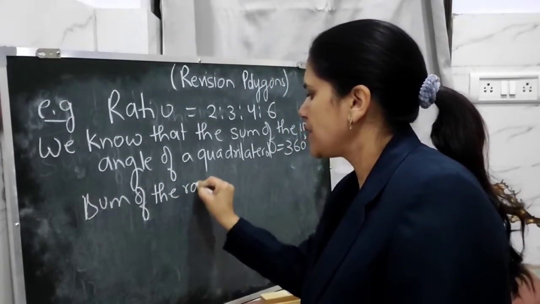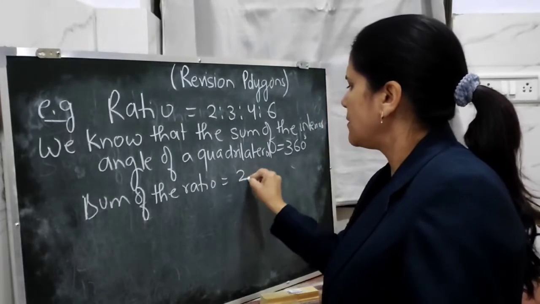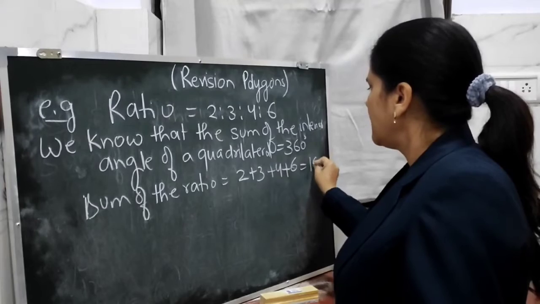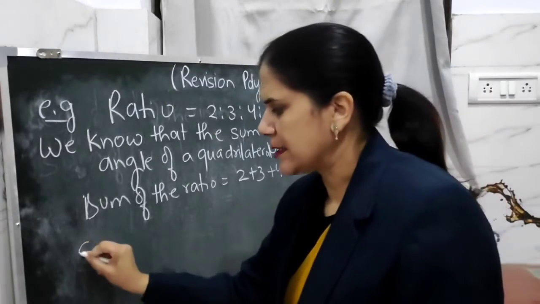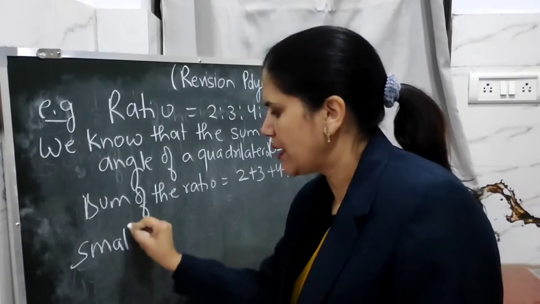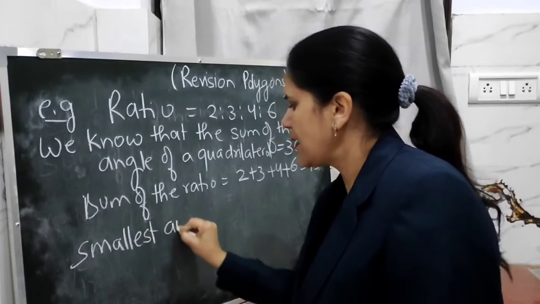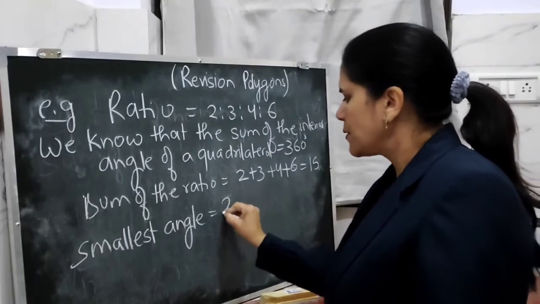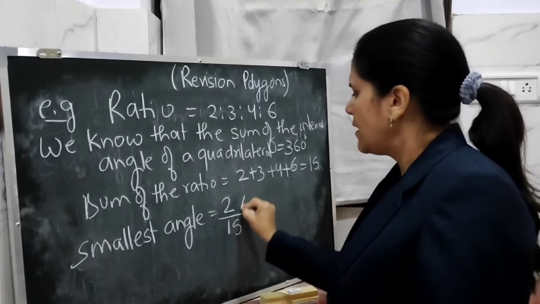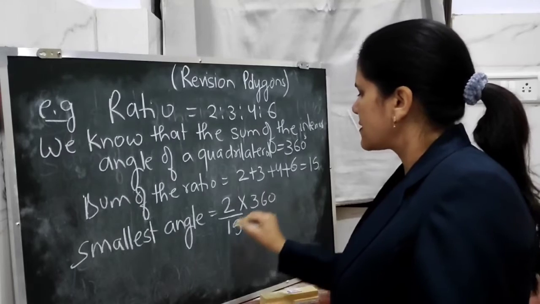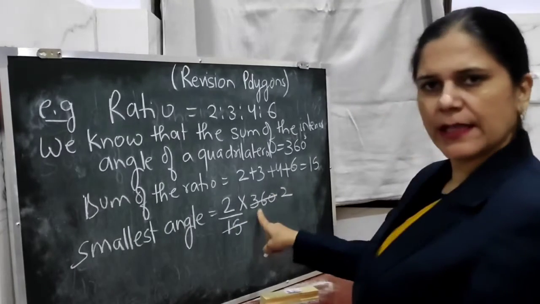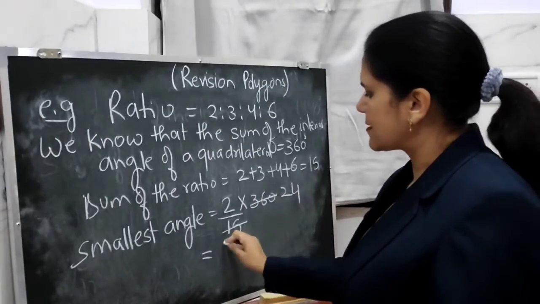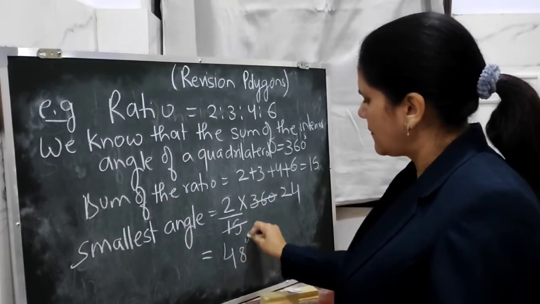Sum of the ratio is equal to 2 plus 3 plus 4 plus 6, which is equal to 15. Then they are asking us to calculate the smallest angle. Smallest angle means take the smallest ratio number, write 2 upon 15 into 360. Now 15 2s is 30 and 15 4s is 60. So the smallest angle comes equal to 48 degree.